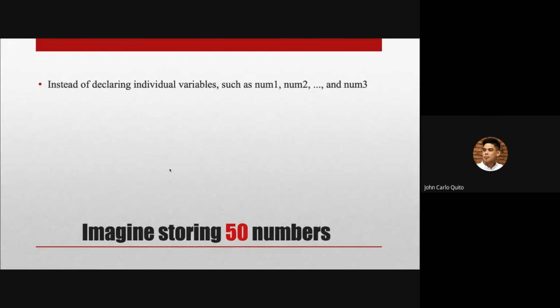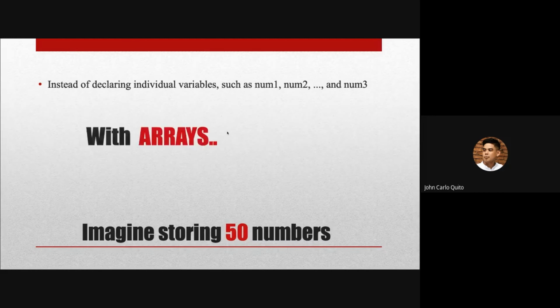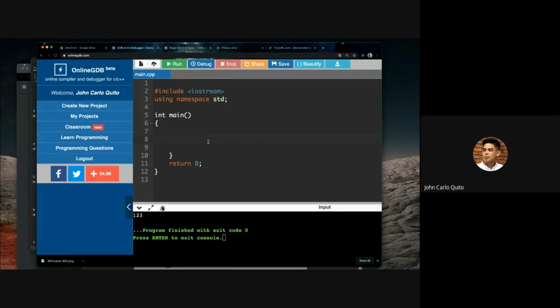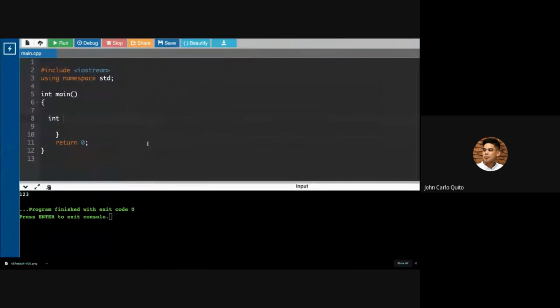So imagine storing 50 numbers. Okay, instead of declaring individual variables such as num1, num2, and num3, up to num50, with arrays, we can declare one array variable such as num and use num index 0, num index 1, up to num index 49 to represent individual values. Let's say for example, earlier I said we will code a program wherein we have 50 variables.